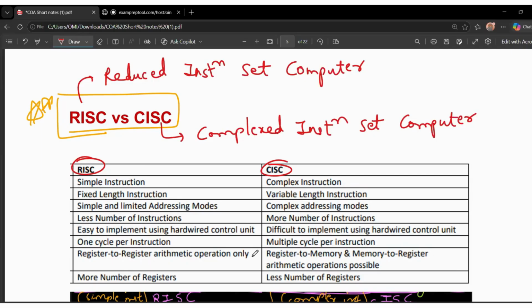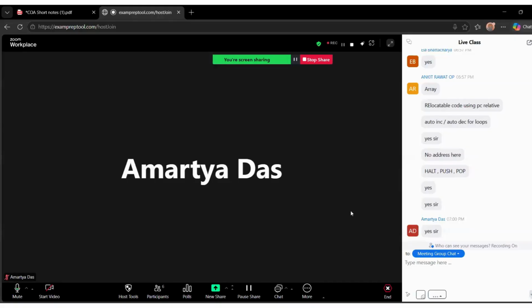What is used currently? In our day-to-day life, mostly RISC is used.